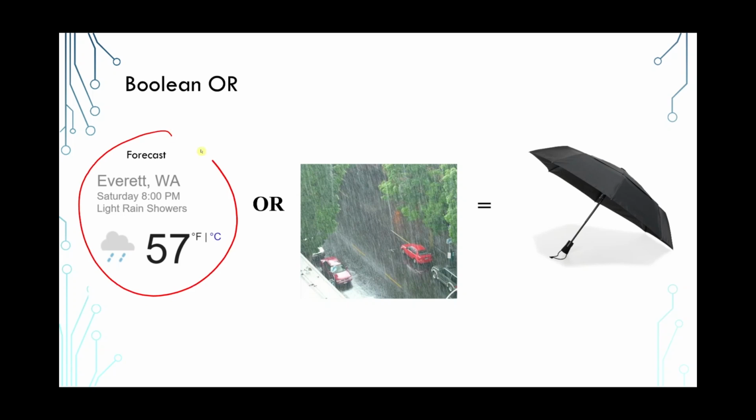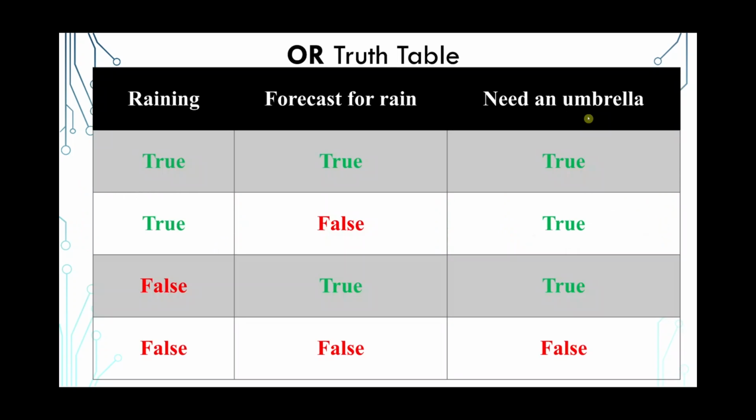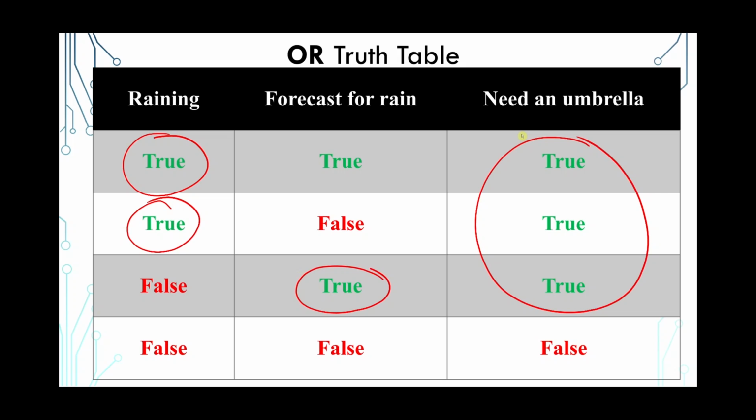So here's the Boolean or. The forecast says it's raining, or I look outside and see it's raining, then I take an umbrella, right? So here is the or truth table. If either of them is true, as you can see, we just need one to get to true.